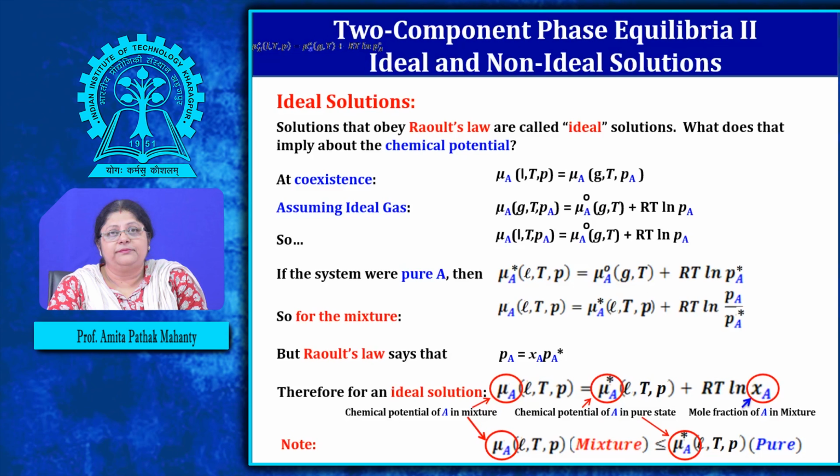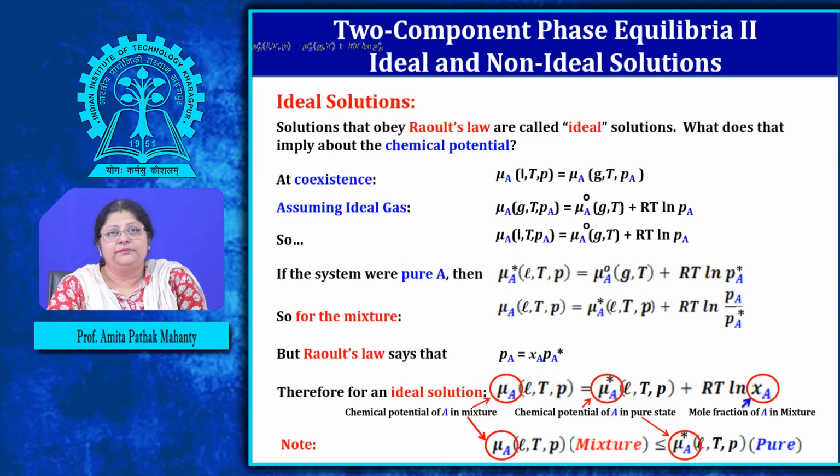For an ideal solution, the chemical potential of that particular species in the liquid state at a given temperature and pressure is nothing but the chemical potential of the species in the pure state plus RT ln, the mole fraction of the component A in that particular phase.